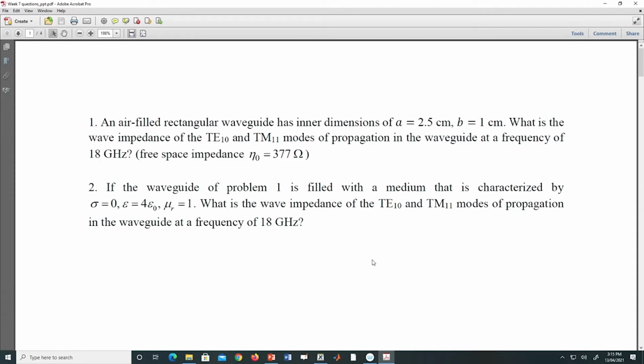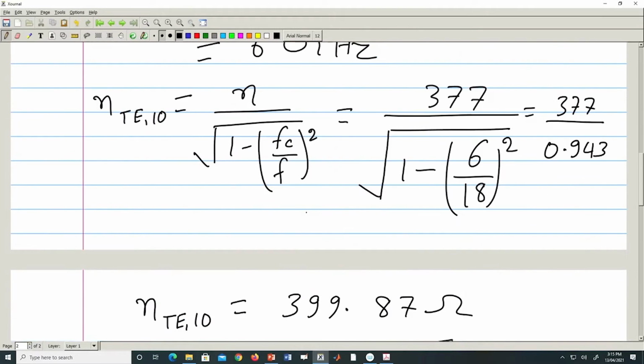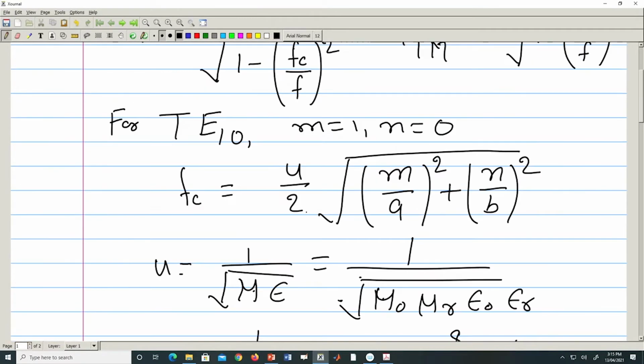So, in the second problem we have to go in a similar way, but here we have to be careful in the calculation of eta TE. The eta formula will be the same, but fc will be changed. Cutoff frequency is dependent on the relative permittivity.